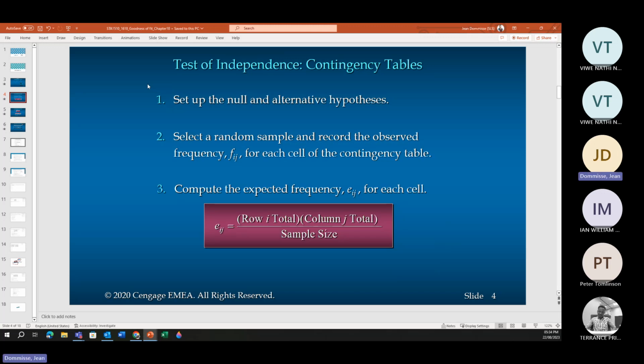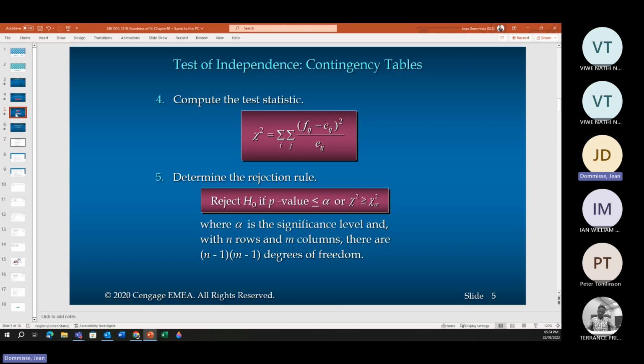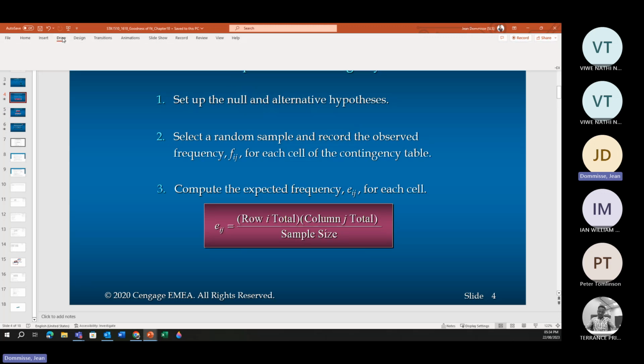Then within that, we nearly will set up a null hypothesis and an alternative hypothesis. The null hypothesis is always looking at your independence. So your null hypothesis will always look at if something is independent. Your alternative will be the dependent.